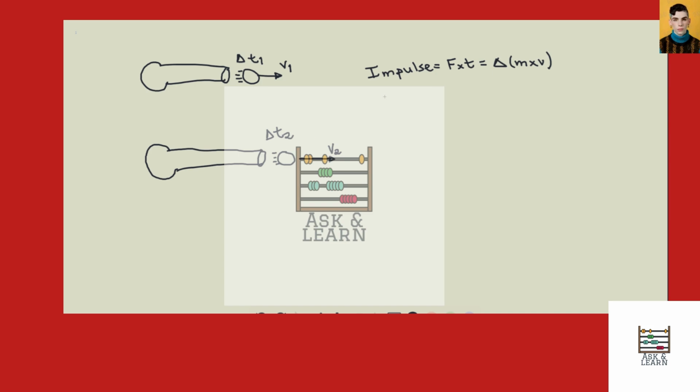So if we just calculate the impulse for both cases, for case 1, we get impulse 1 is going to be F times the interval of time in T1 here, and the second one, F times interval of time in T2.